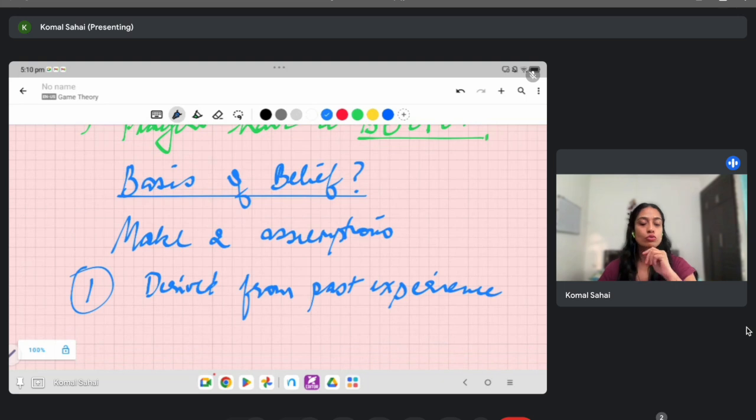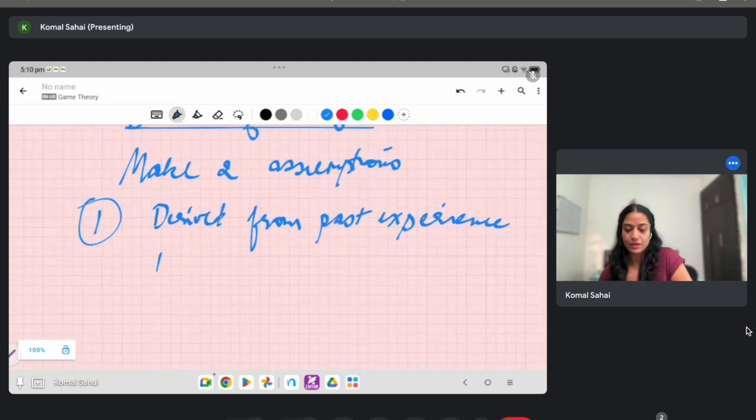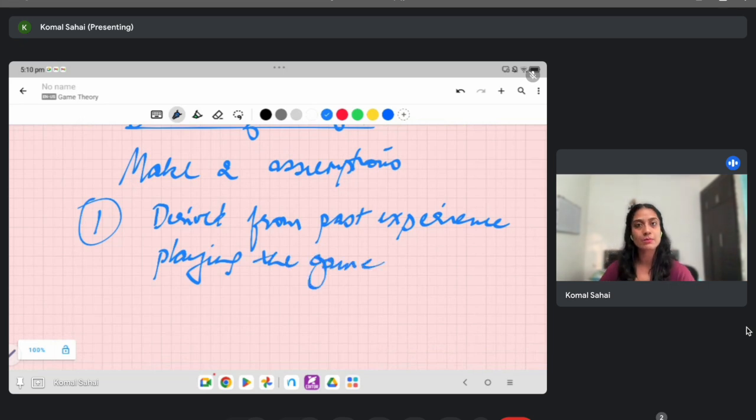All right, so their belief then is derived from the past experience they have in playing the same game over and over again. And this is an assumption that we will essentially make for all games that we study.